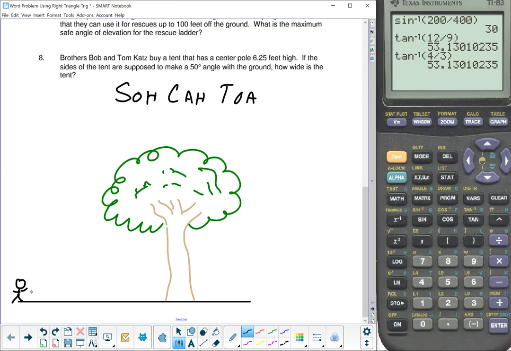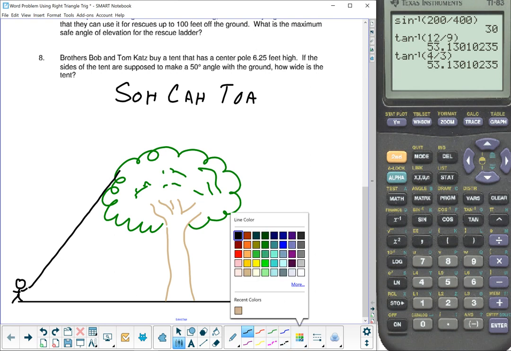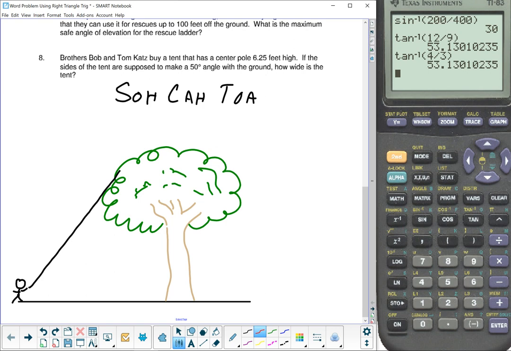You let out 100 feet of string. Your kite, let's make this a red kite, is stuck in the tree now. So you let out 100 feet of string. That's how it's stuck.